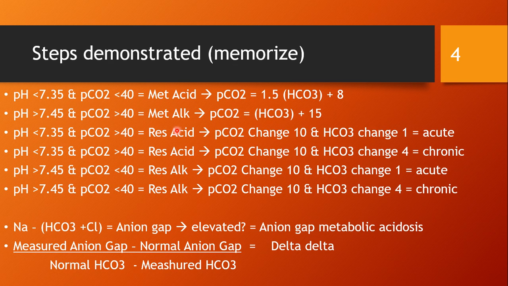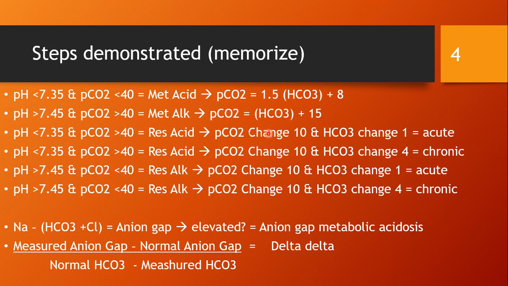Now what you want to do is find out, is it chronic or is it acute? So you look at the PCO2 change. Is the change in PCO2 greater than normal? You take normal PCO2, and for every 10 above normal that it is, because it says it's above normal here, if let's say it was 50, then the HCO3 must have changed at least 1.